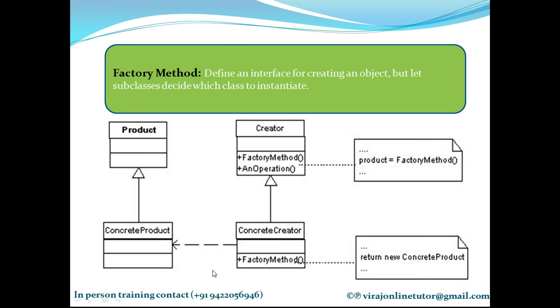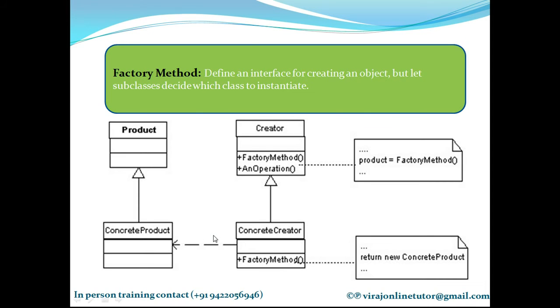But please remember, the return type of this method has to be product, that is, of the base class, so that at runtime I can decide which of the concrete objects to create, but the return type always has to be of the base. Okay, so this is what a factory method is all about.